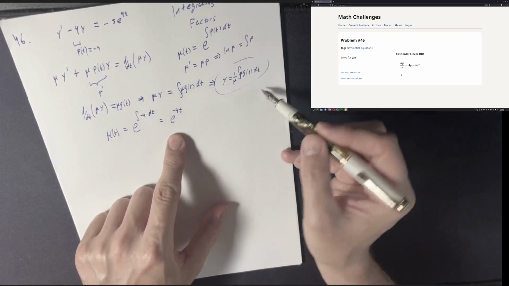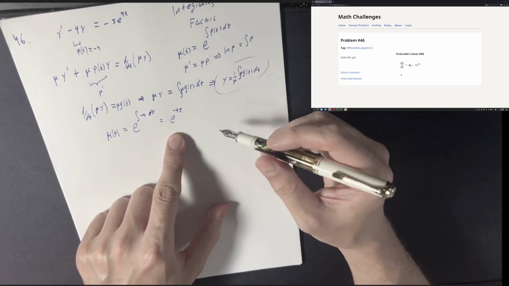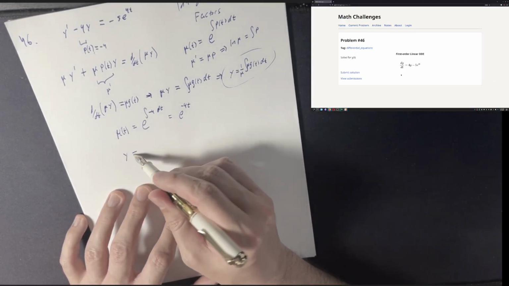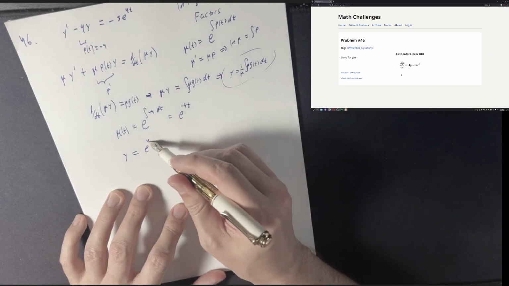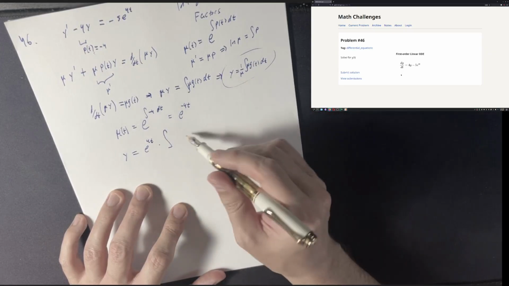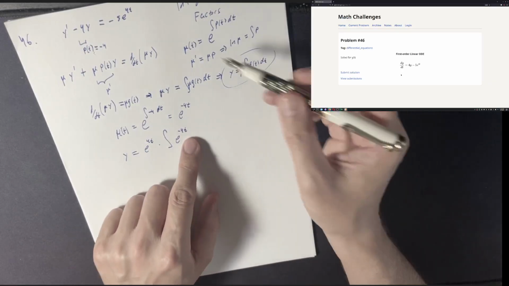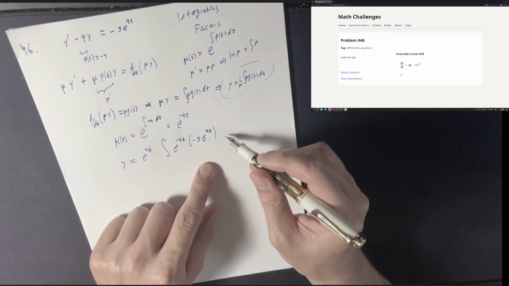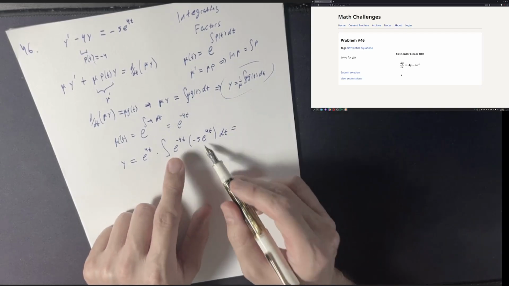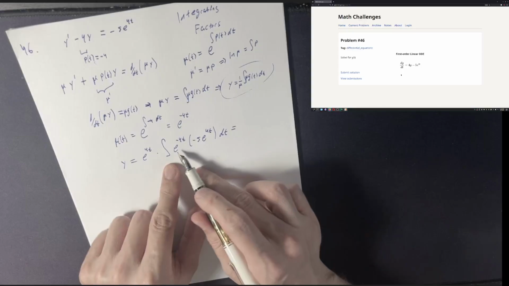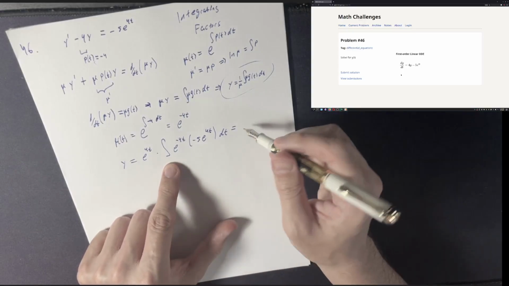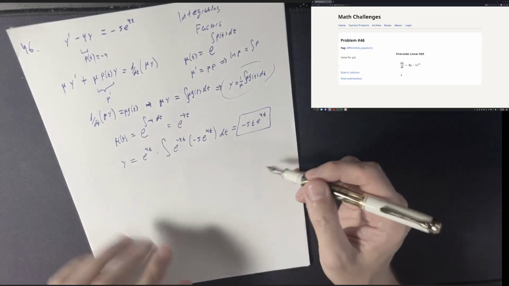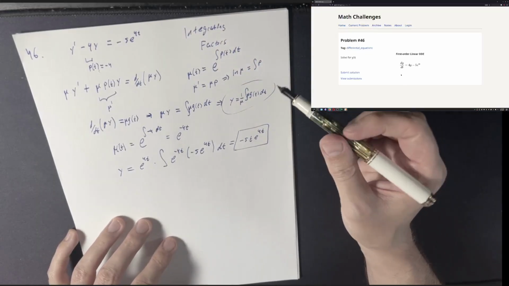You could also just quote this, but you still have to do that integral. You don't just stop there. If you wanted to just use this function and plug it into this formula, that's fine. That's correct. So by our formula here, we're going to get 1 over mu, that's this. And then we need to integrate mu against whatever your original function on the right-hand side was. And you can see in this case, it's kind of nice because those cancel out. So you're just getting -5 times whatever the integral of dt is. So it looks like I'm getting -5t e to the 4t as an answer for this one. And I think that's correct, actually.